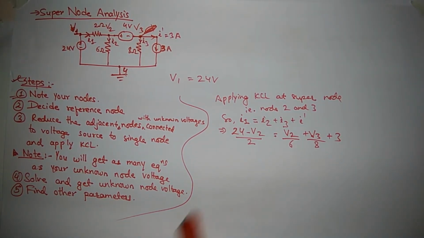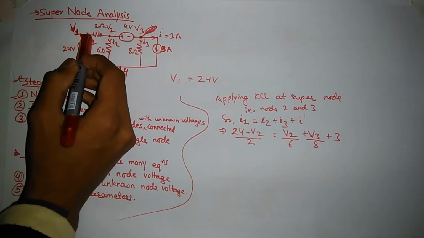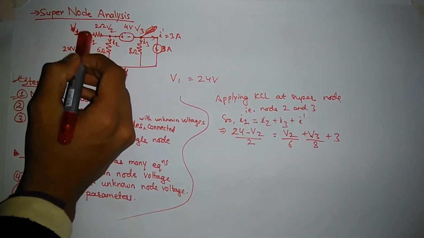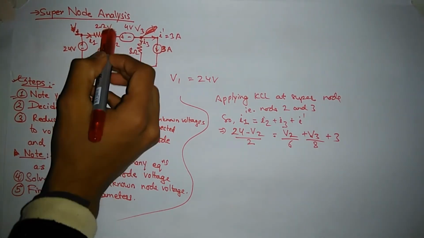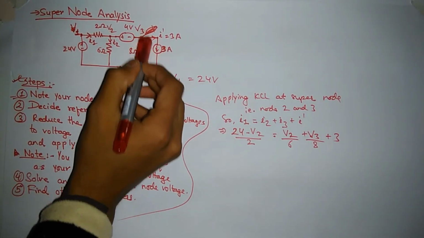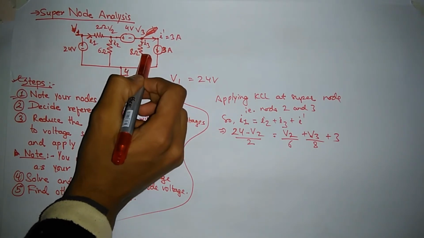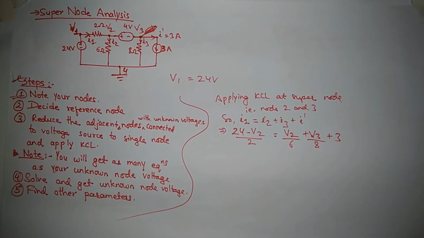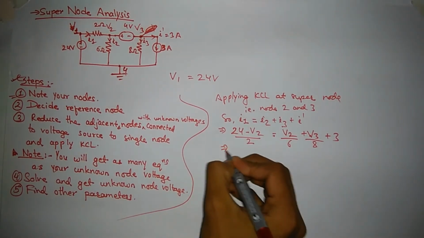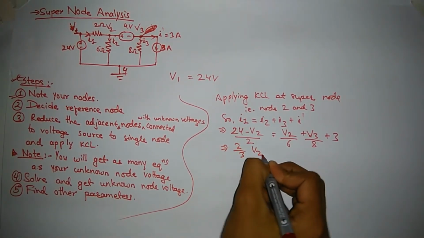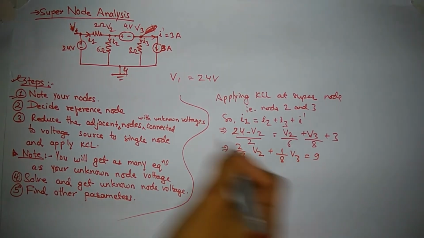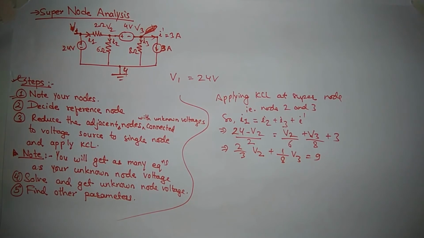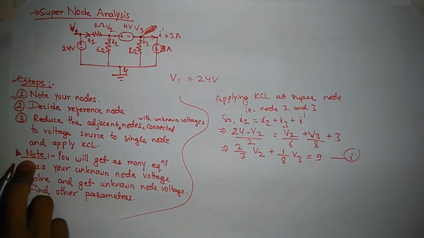While applying my KCL, I get the equation as I1 going towards V2 is equal to I2 outward from V2, and I3 outward from V3, I dash outward from node 3. While solving this, I'll get the equation as 2 by 3 V2 plus 1 by 8 V3 is equal to 9.